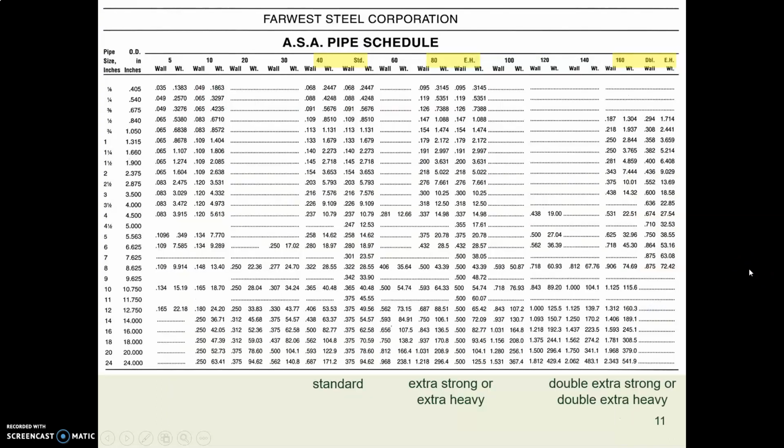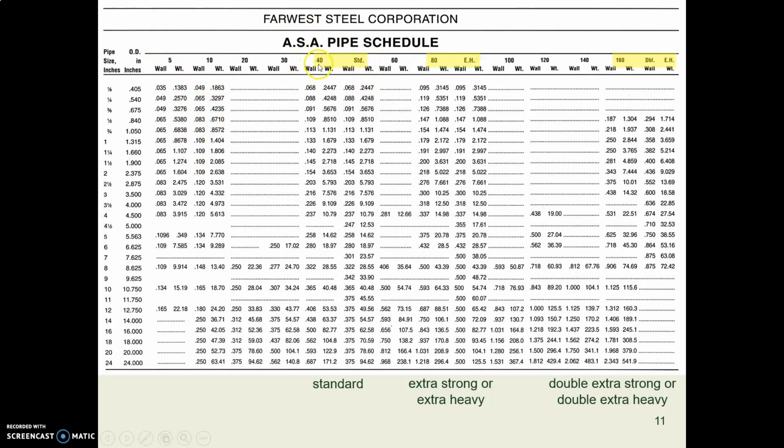This is a table of pipe sizes from Far West Steel. You may have seen Far West Steel around Lane County. They're a big steel supplier here, and one of the things they sell is pipe. So here is their table from their catalog. And here are some thinner schedules of pipe, but we don't use those much.